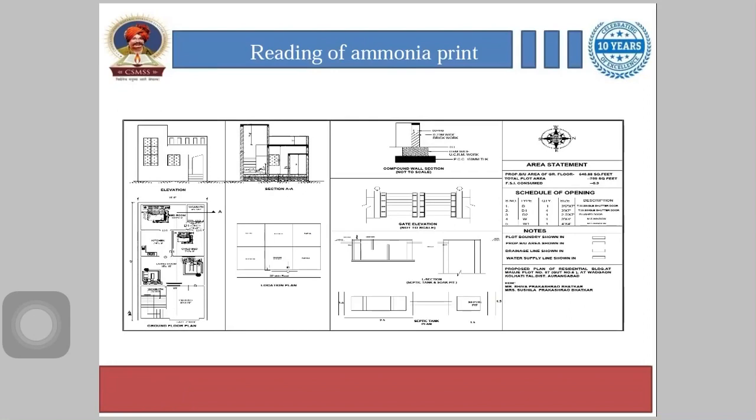So, according to those measurements, this lettering is used in the construction notes and the area statement. In short we can observe the layout of plan, elevation, section, foundation plan, block plan and site plan in this sheet.